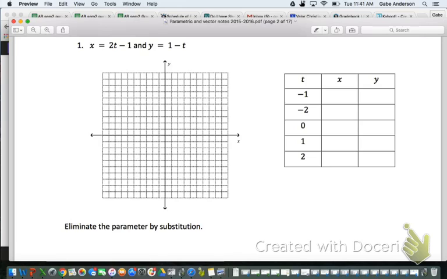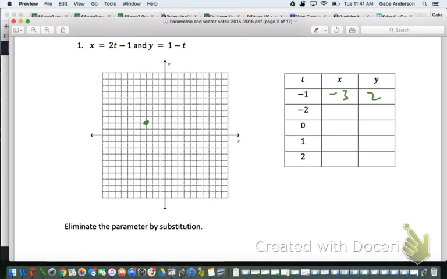If you plug in a negative 1, what is your x? Negative 3. And what is your y? 2. So negative 3, 2. Actually, this will technically be my second point. All right, so negative 3, 2 is right there.